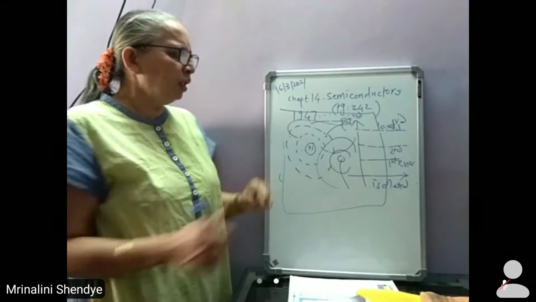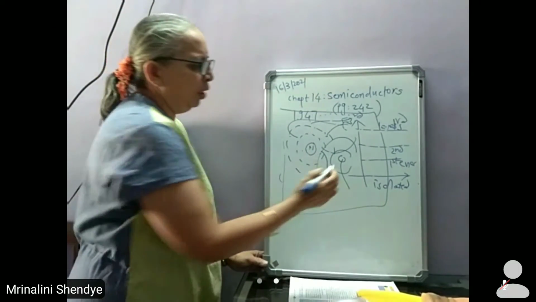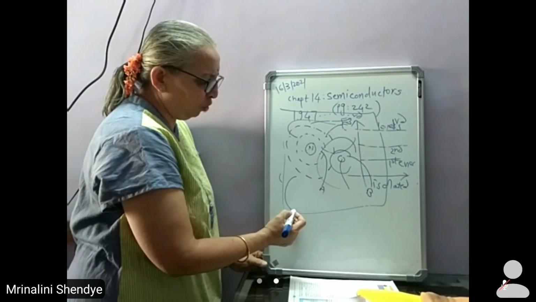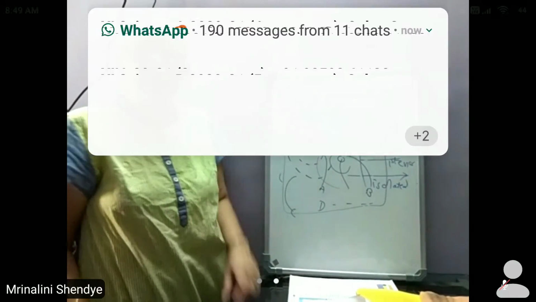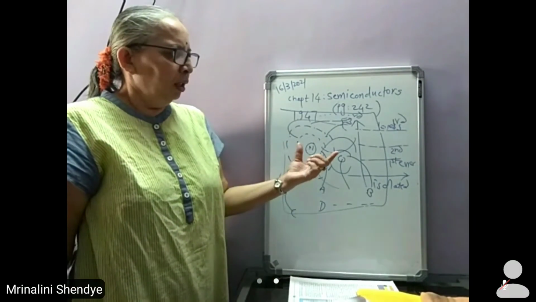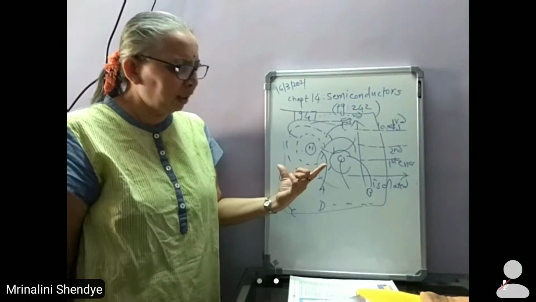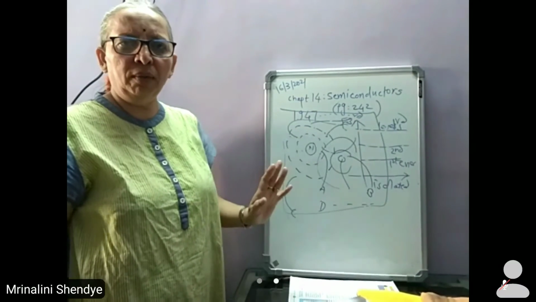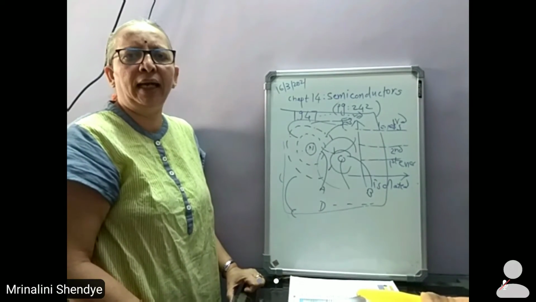But the first orbit electron of atom A will differ slightly in energy from the first orbit electron of atom B. Similarly, first orbit electrons of atoms C, D, and so on. So there is a slight change in energy associated with similar electrons, even though they are orbiting in a given fixed orbit, and hence for a crystal these energy levels in the same orbit we call an energy band.